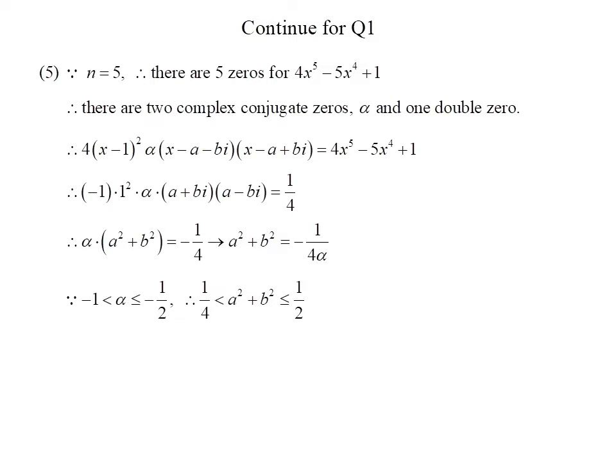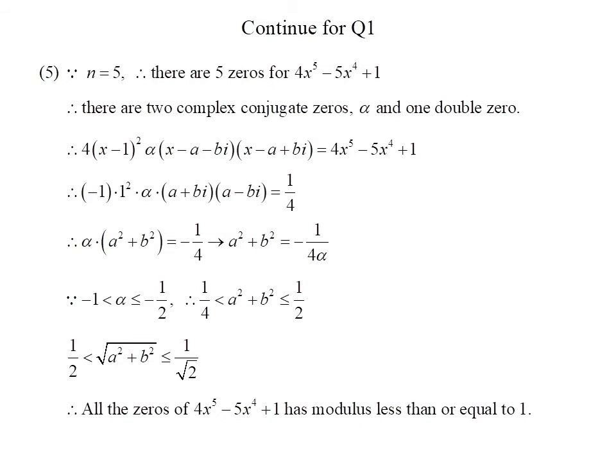Since alpha is in the range of -1 and -1/2, including the point of -1/2, we deduce that the modulus of the complex zero is between 1/2 and 1 over square root 2, including the point of 1 over square root 2. Hence, we have proved all the zeros of the polynomial have modulus less than or equal to 1.